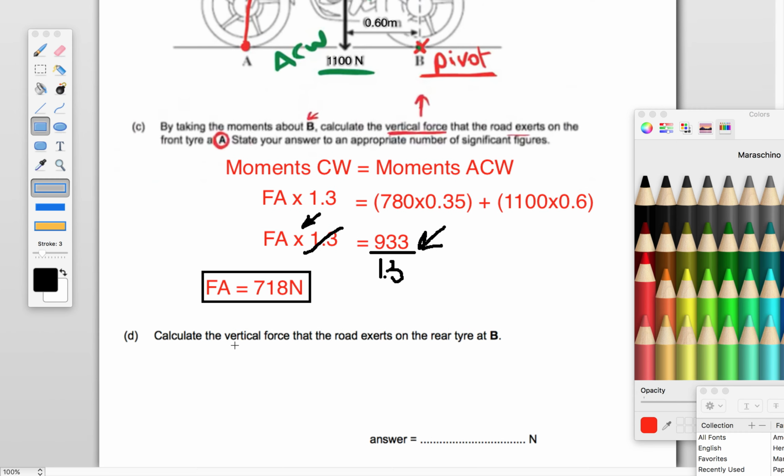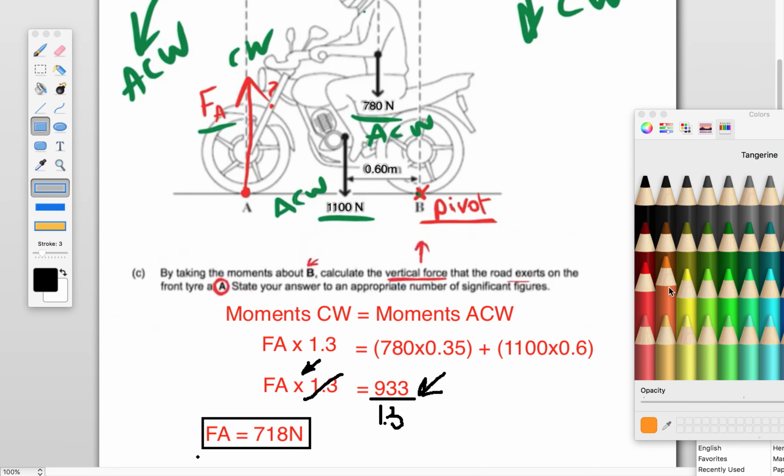As for question D, now they also want us to calculate the vertical force. So there is another vertical force in our system that the road exerts on the rear tire at B. At point B right here, we have a force that is also vertical, and we don't know the value of this force.